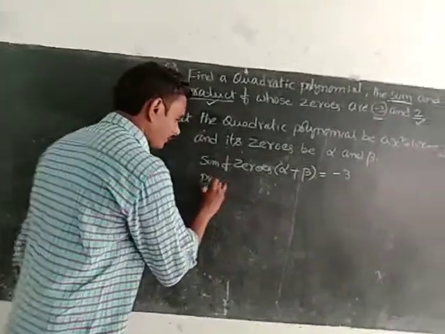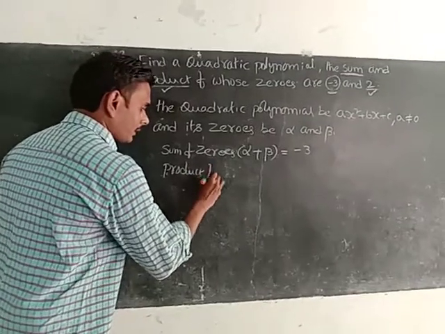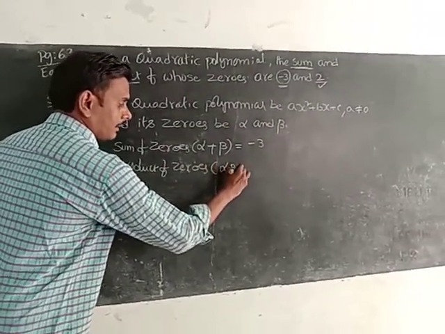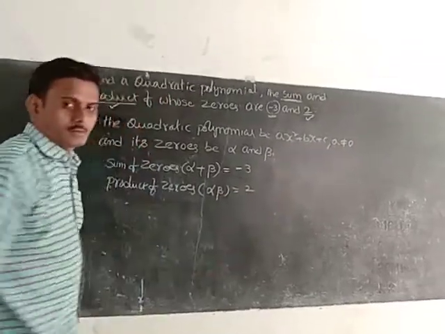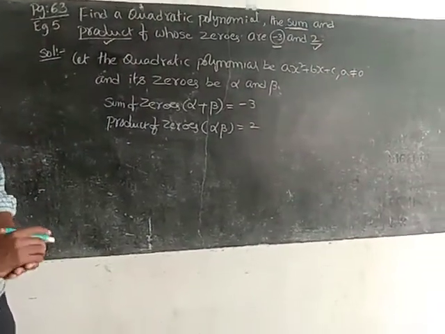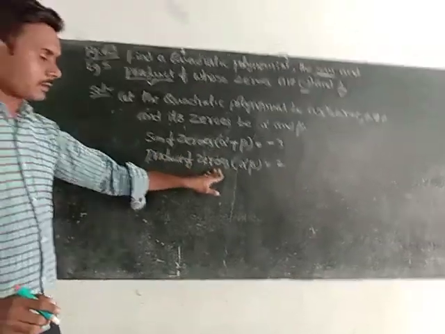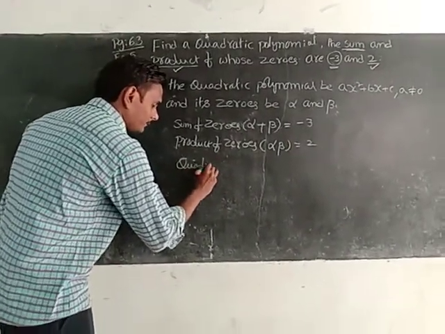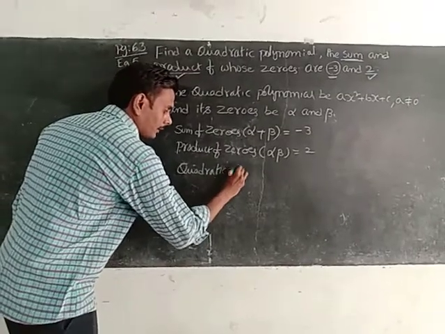Next, product of zeros: alpha beta equal to 2. By using the sum of zeros and product of zeros, we will write the quadratic polynomial.